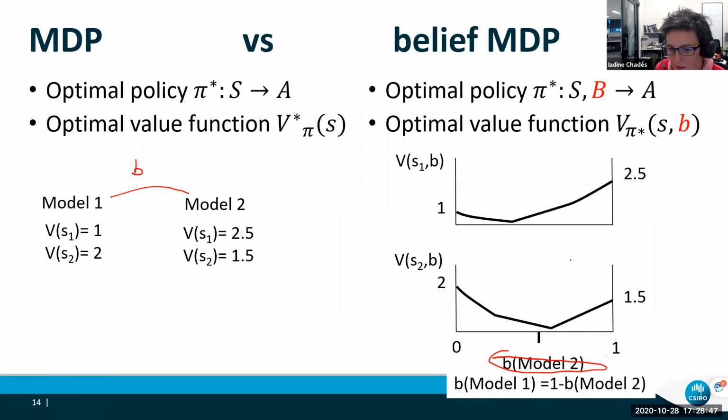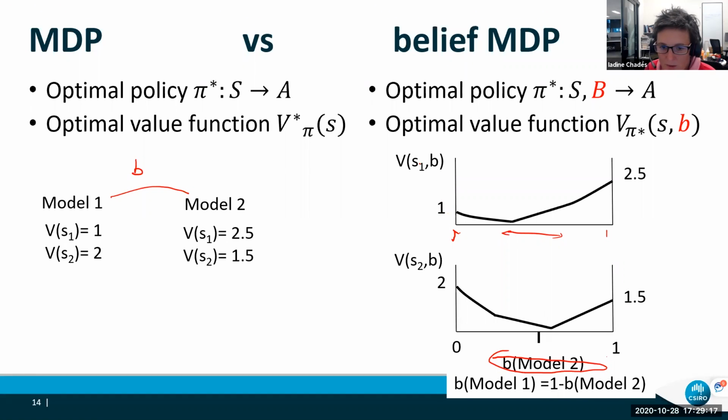And on the sides, we have a lot of certainty about where we are. But if we are in the middle, it's very uncertain which model is true. So that's the first thing I want you to understand. On that axis, the x-axis represents our belief, and it's continuous.